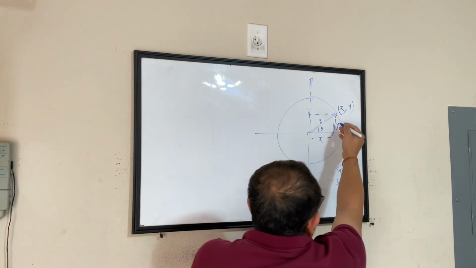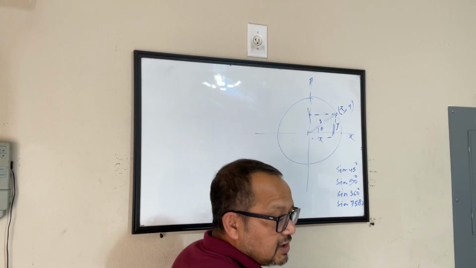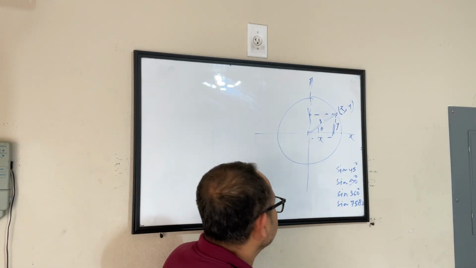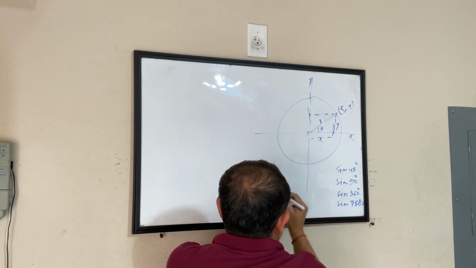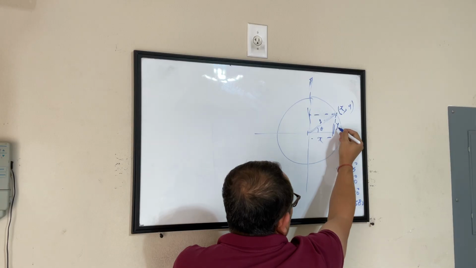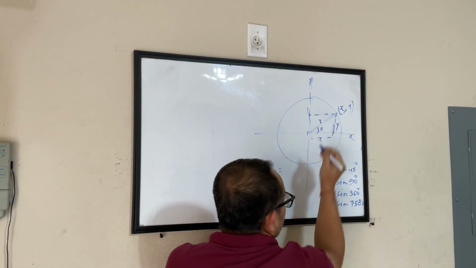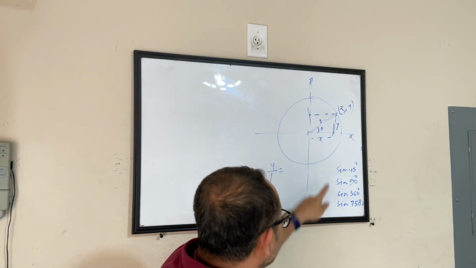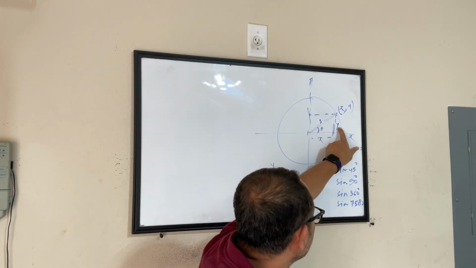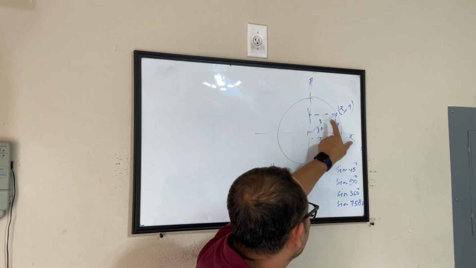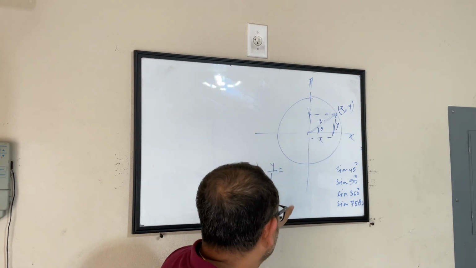Now, if you recall your SOHCAHTOA knowledge, let's see, y by 1, what will be y by 1 with respect to this theta? This is the side opposite to the angle theta divided by hypotenuse. So y by 1 will be what?